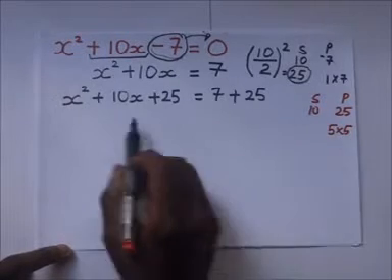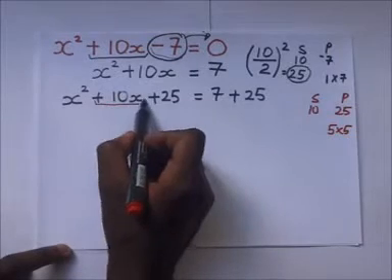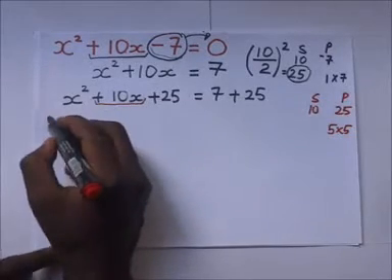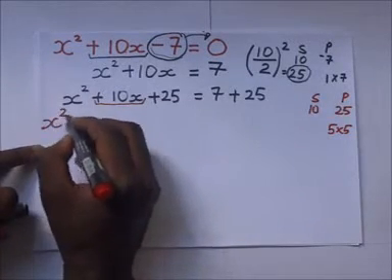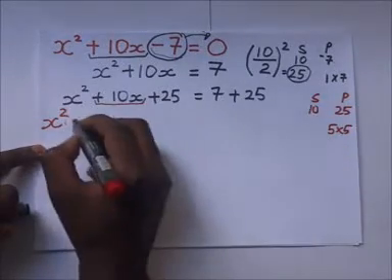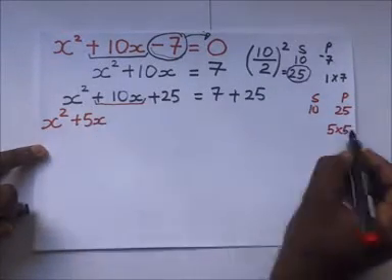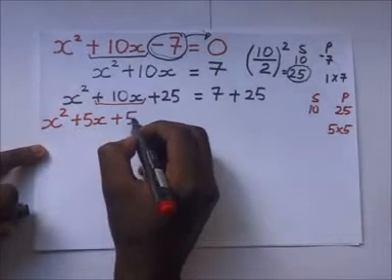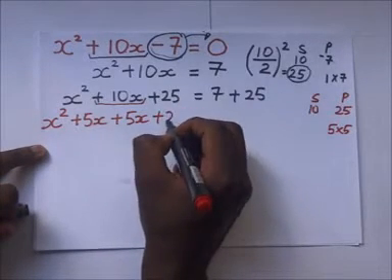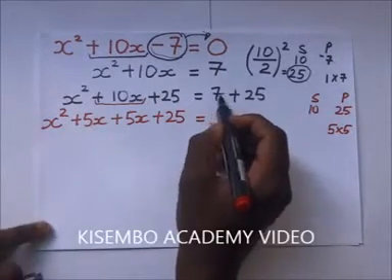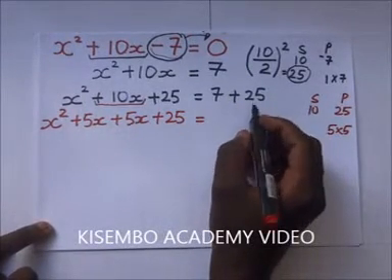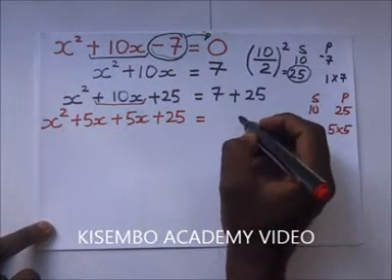So we come and use them to replace this middle term. So this is going to end up being x squared plus 5x plus 5x plus 25, which is going to give us 7 plus 25, which is 32.